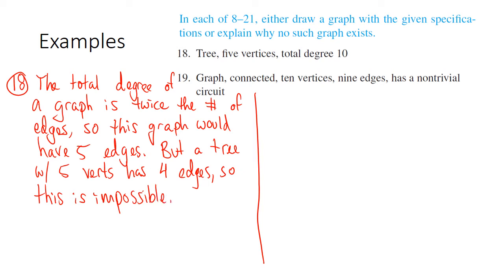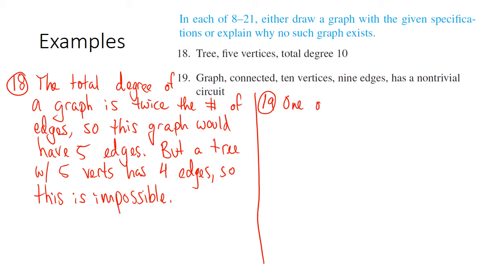Okay, now let's look at number 19. We need a connected graph with 10 vertices and 9 edges, and it has a non-trivial circuit. This is also going to be impossible because of a theorem that we just went over.